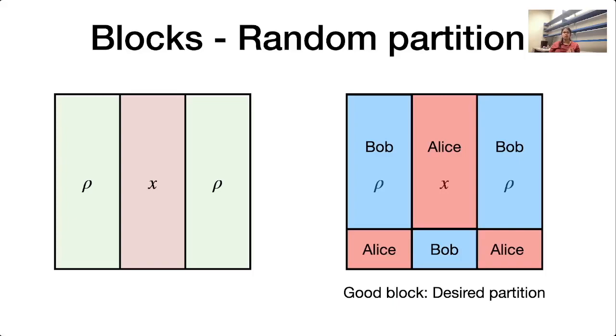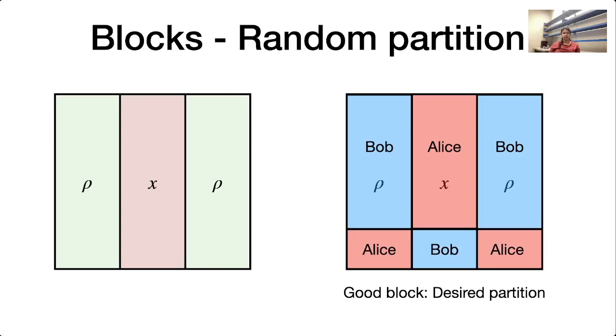Let's look at what's going to happen to these blocks under a random partition of the edges. Some information about x goes to Alice and some information about x goes to Bob, and this is true for the permutations as well. What we want to happen is that most of the information about x should go to Alice and most of the information about rho should go to Bob.